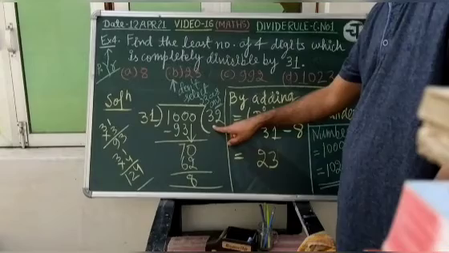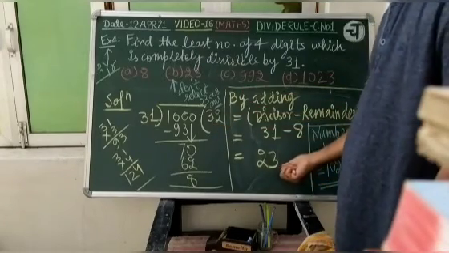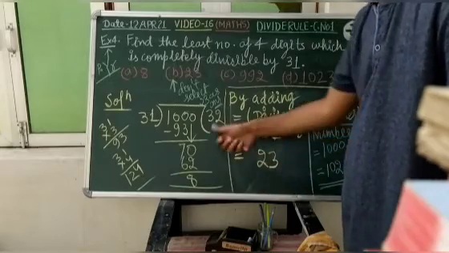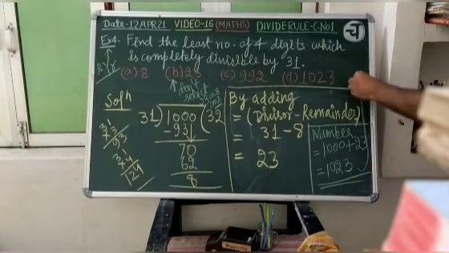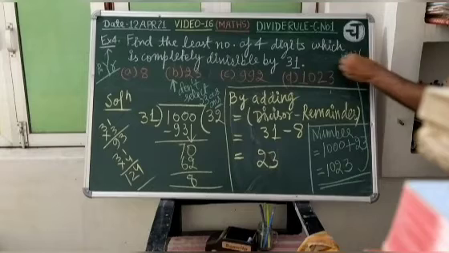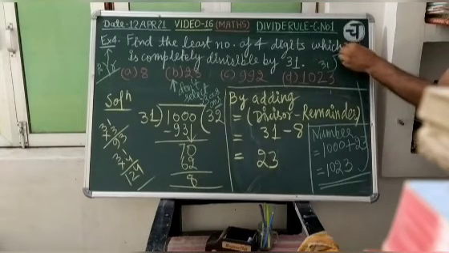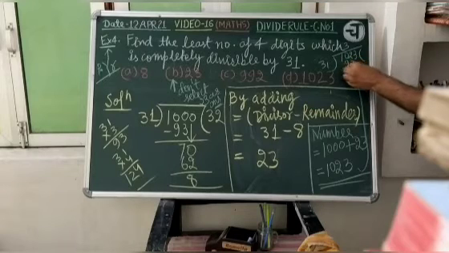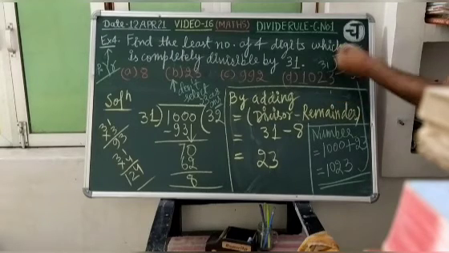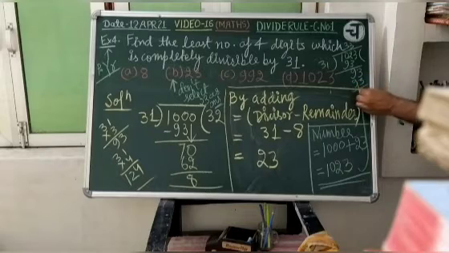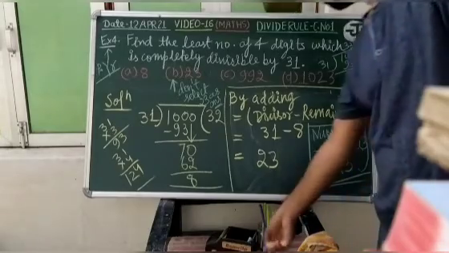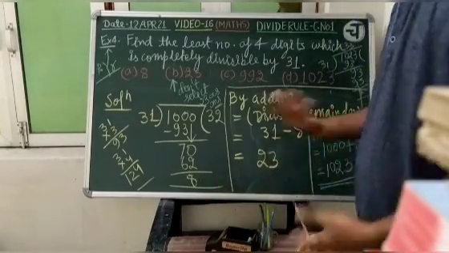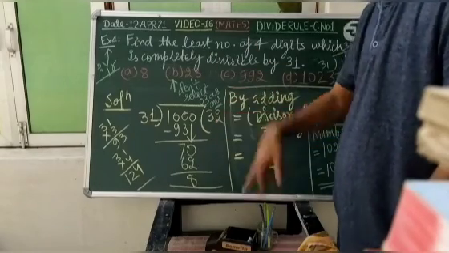It will go 3 times, giving 93, and then the remainder 8 plus 23 becomes 31, so it will go 1 more time. So it goes 33 times. It is completely divisible.